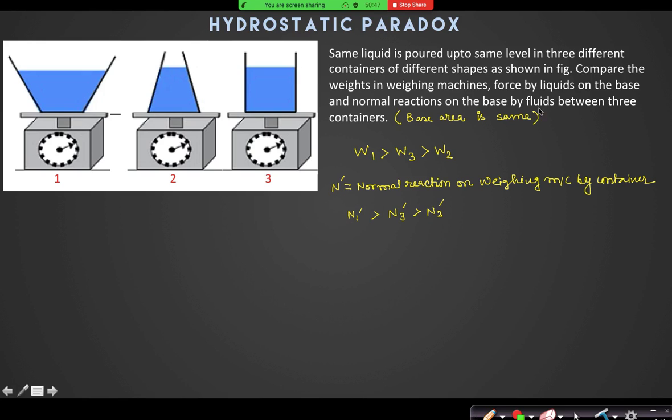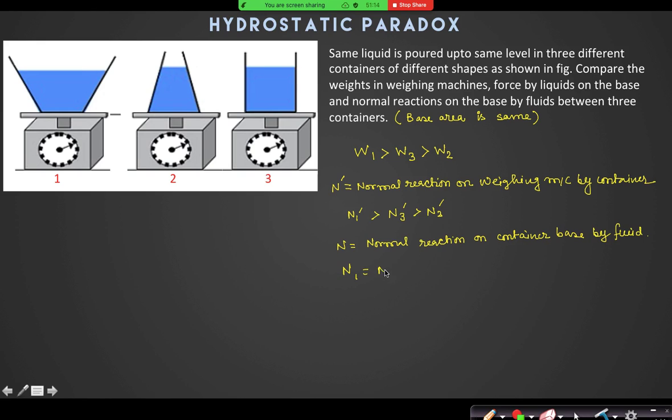But if the question is that N is the normal reaction on the container base by the fluid, then it should be the same, because the pressure is the same.